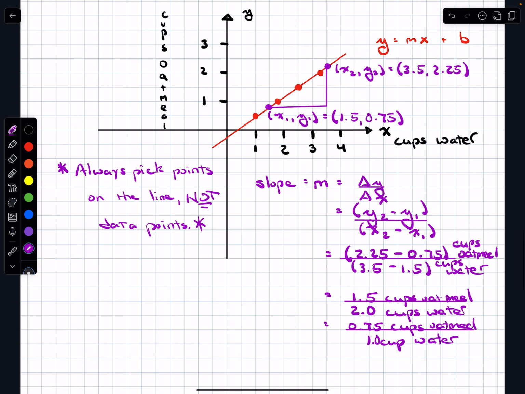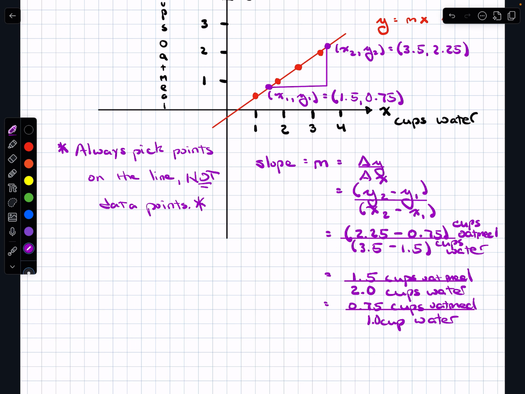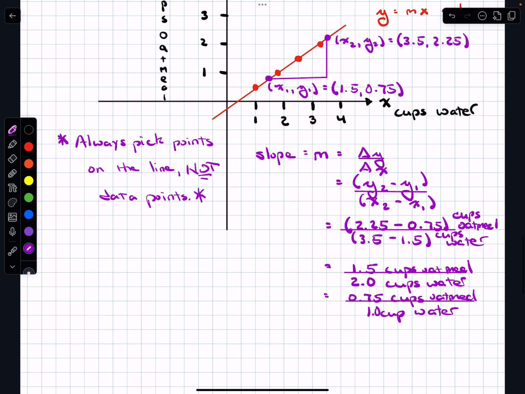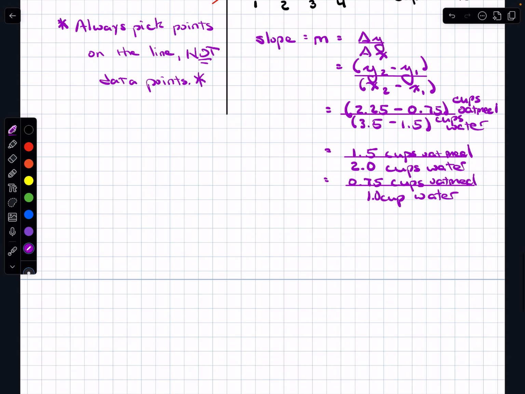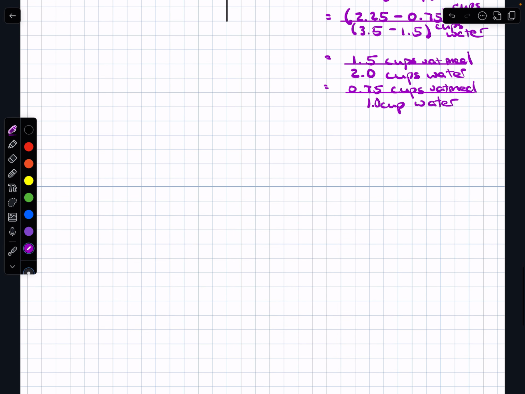So this is my slope of this particular line. Now we're going to use this slope to figure out the y-intercept, the value for b in this equation. We know the equation of the line is y equals mx plus b.